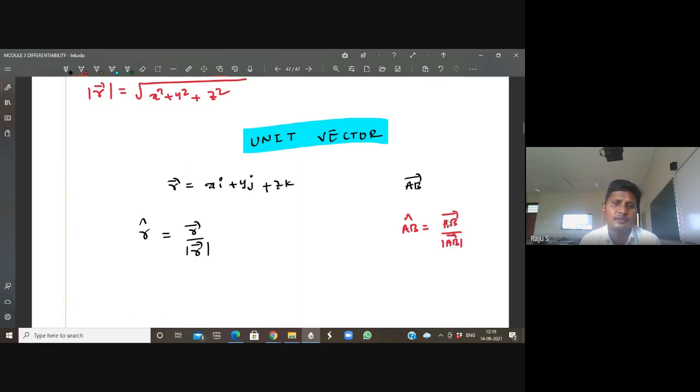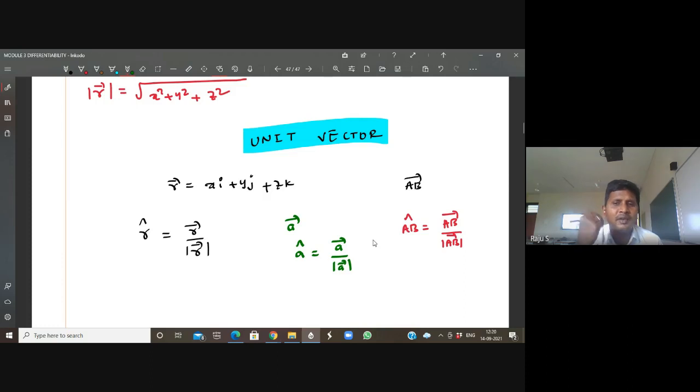For example, I want to find the unit vector of the vector A. It can be represented as A cap, which is clearly equal to A vector by its magnitude.